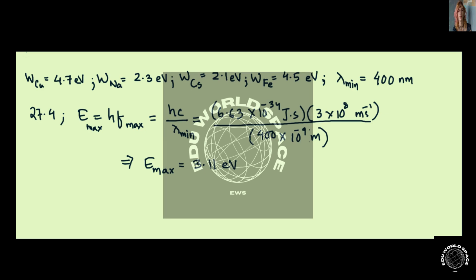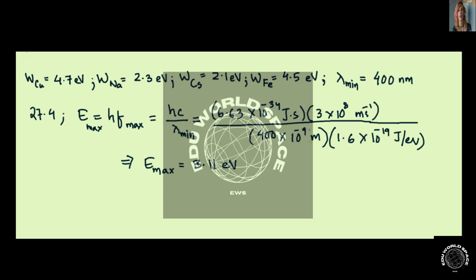To convert it into electron volts, we have to divide it by 1.6 times 10 to the power minus 19 joules per electron volt, because 1 electron volt corresponds to 1.6 times 10 to the power minus 19 joules. So this is the value of our maximum energy.